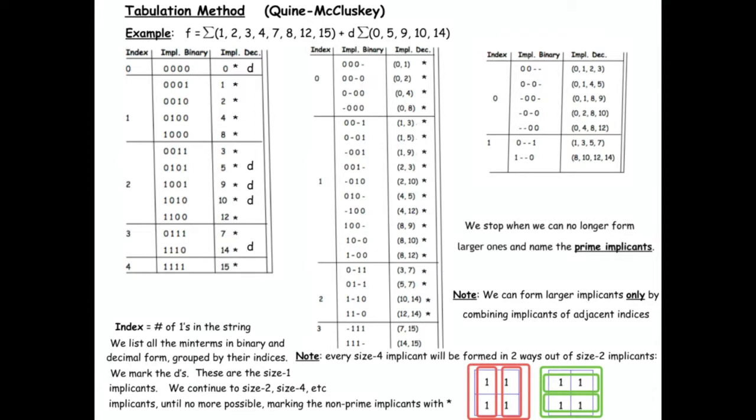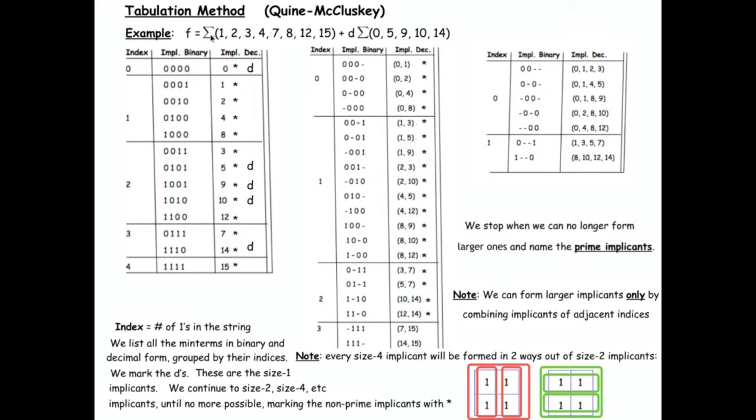Okay, so we stop when we can no longer form larger ones, and at this point we name all of the unstarred ones as prime implicants. Note, we can form larger implicants only by combining implicants of adjacent indices, right? So we actually have a lot, right?